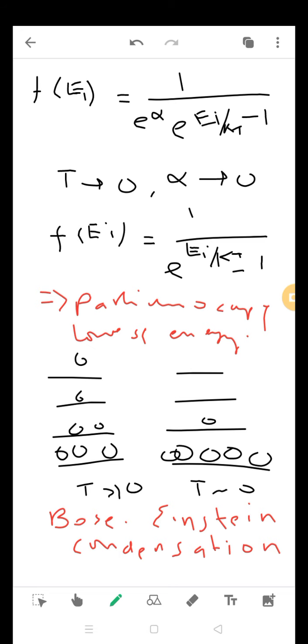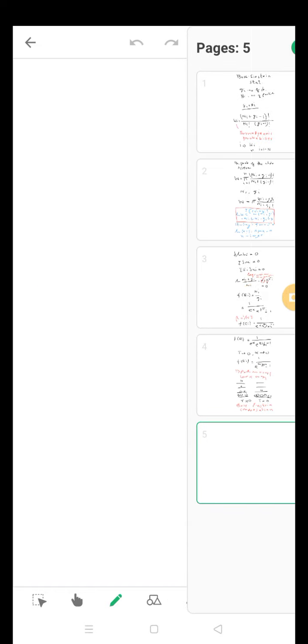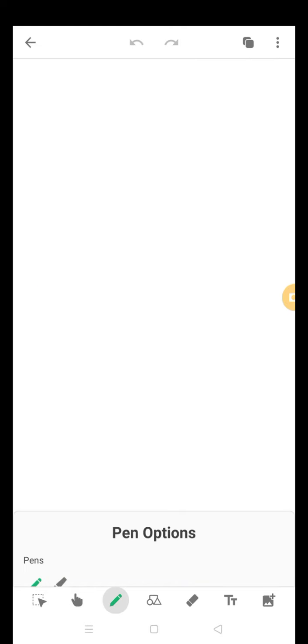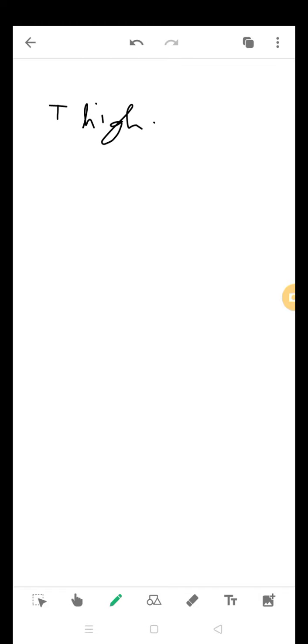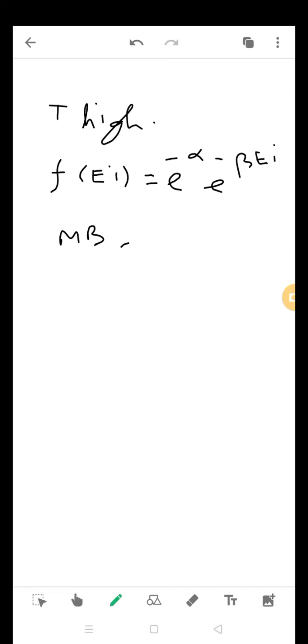Now, for understanding, let us assume what will happen if the temperature is very high. Temperature is high, then the occupation index will be e to the power minus alpha minus EI, which is in fact the MB, Maxwell-Boltzmann distribution.